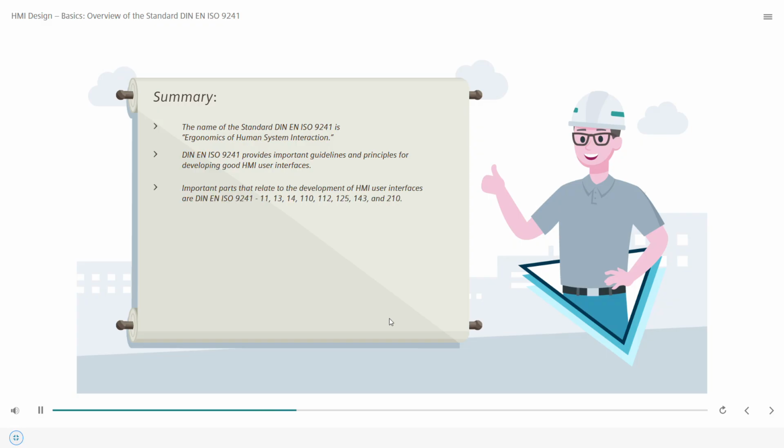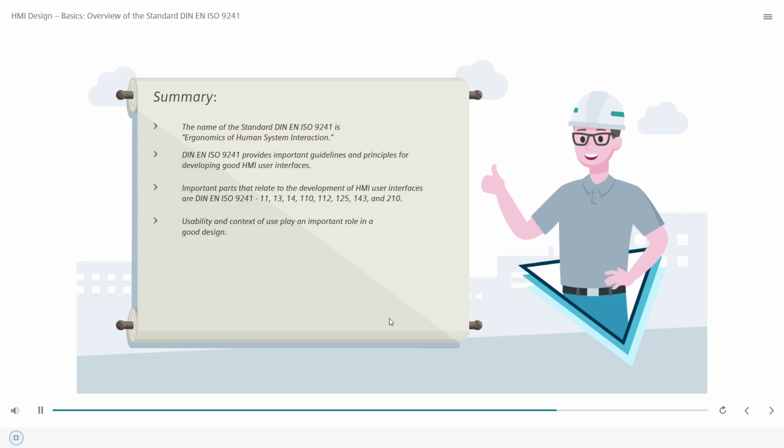Important parts that relate to the development of HMI user interfaces are DIN EN ISO 9241-11, 13, 14, 110, 112, 125, 143, and 210. Usability and context of use play an important role in a good design.